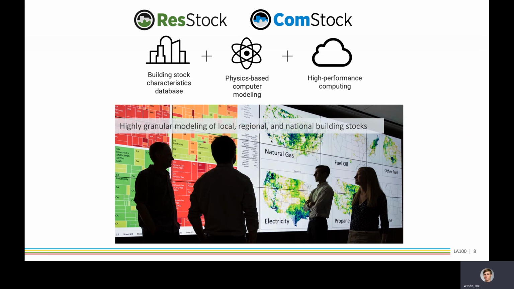And two, they use physics-based computer modeling, so we can look at what-if scenarios about different technologies or policies being deployed through the building stock. And finally, because of the large scale of the simulations, we have to make use of high-performance computing, either the supercomputer that we have at NREL or cloud computing resources.